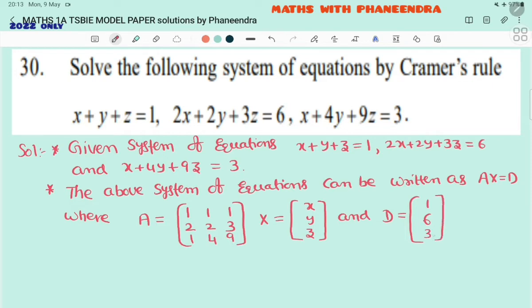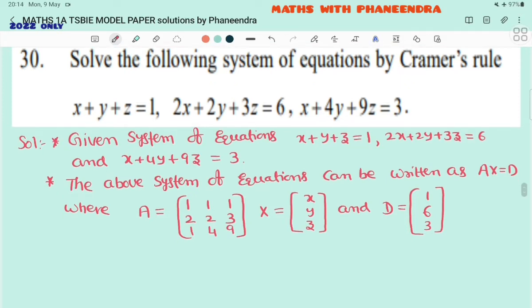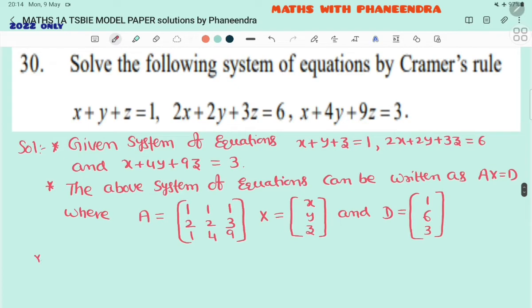First, whether solution exists or not by finding the determinant of A. That means det A calculated, dear students. Det A is equal to determinant of this matrix: 1, 1, 1, 2, 2, 3, 1, 4, 9.